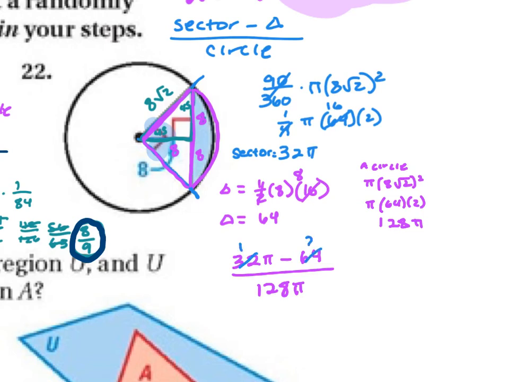This would be 1, this would be 2, this would be 4. And I get pi minus 2 over 4. With a calculator, you would do pi minus 2 divided by 4 and get 28.5%, so it would be 29%. Without a calculator, it would stay like this. With a calculator, you would see it one of those ways.